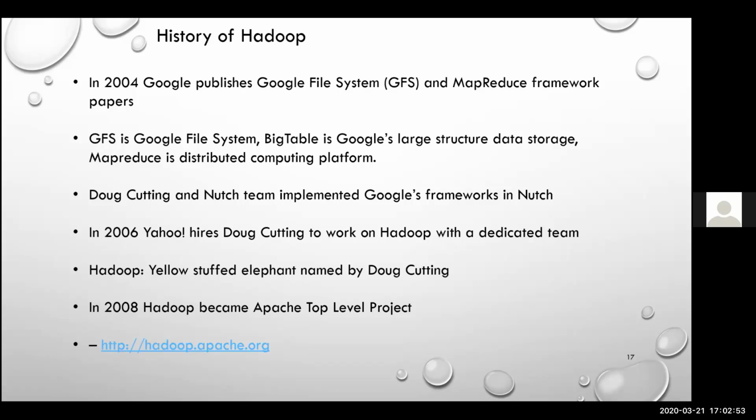If you go and click this URL, you will find more details about Hadoop architecture, the different versions of Hadoop, and what the stable version is. Stable version means that when we are developing a production application, we should use the stable versions.